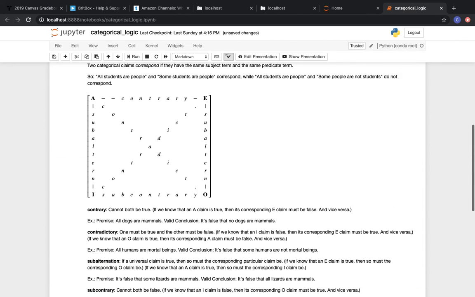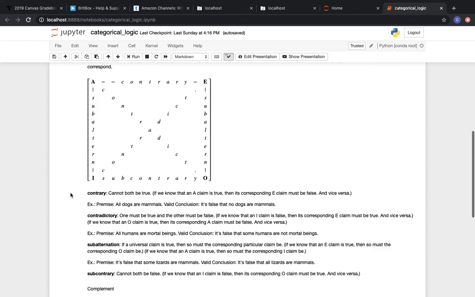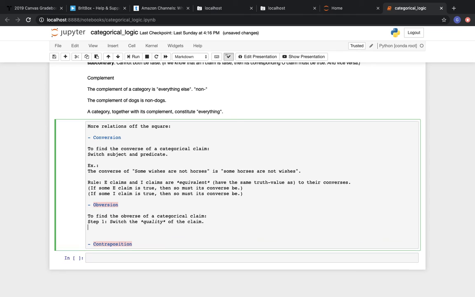Basically what that means is to just slide along horizontally. So if I start with an A claim, move to the corresponding E claim. If I start with an O claim, move to the corresponding I claim. And step 2 is replace the predicate with its complement.